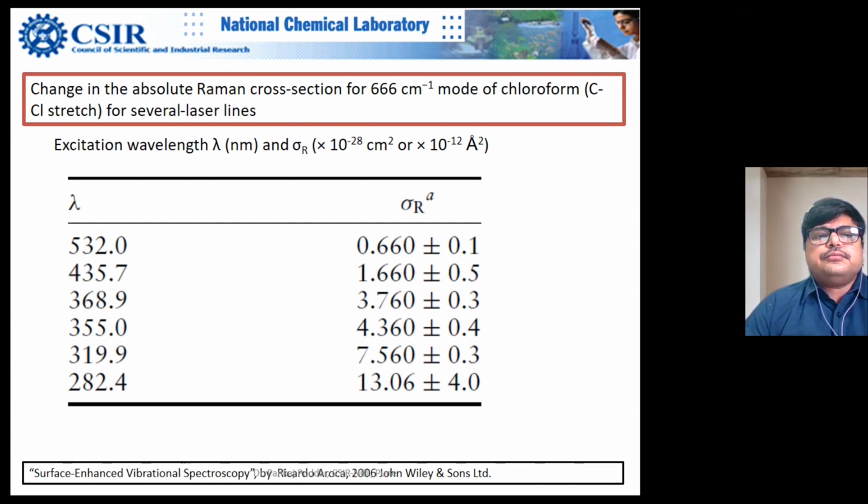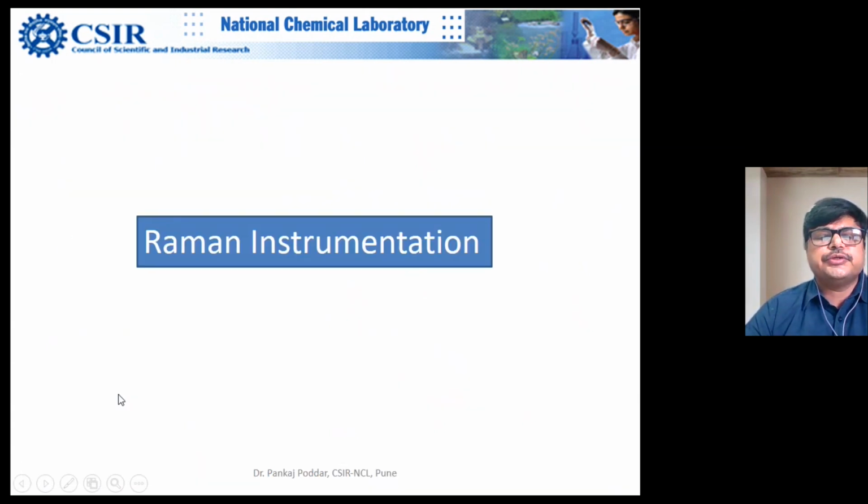So that's what is described here, scattering cross sections for different excitation. So now the first part is over, and let us go to the second part, which is Raman instrumentation.